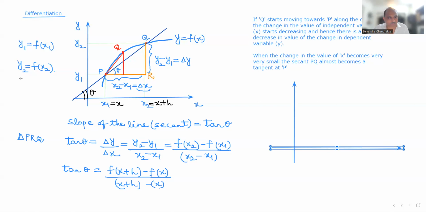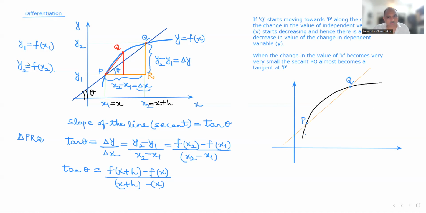Just see this. So this is it. This is P, this is Q. So this was the original secant, right?